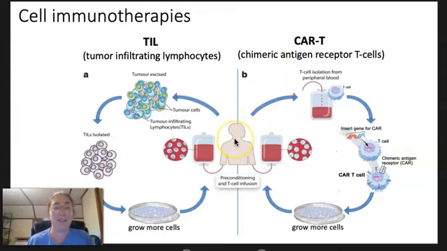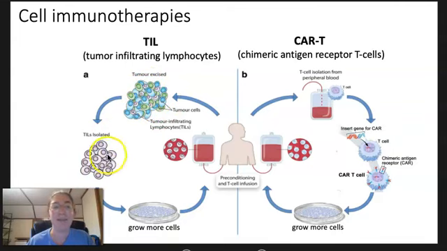So let's talk about the TIL therapy. In this therapy, you take the tumor out of the patient and you dissect the tumor. The doctor would do this, and they would pull out all of the white blood cells that are in the tumor. So all the white blood cells that are already fighting this tumor, that already recognize it.